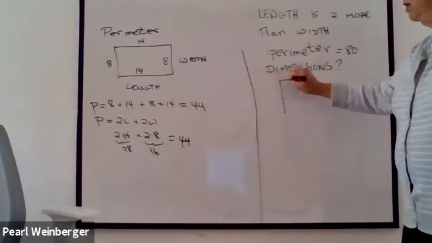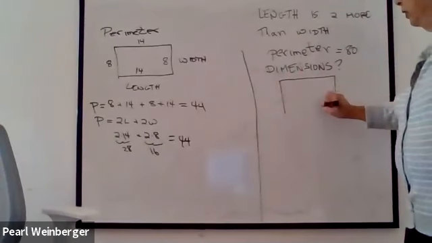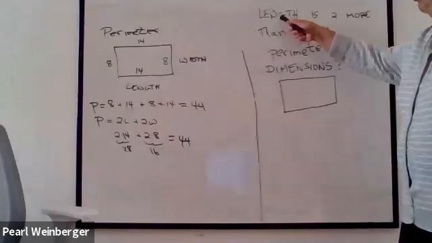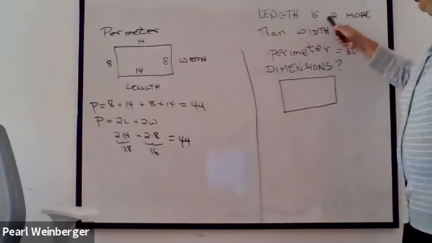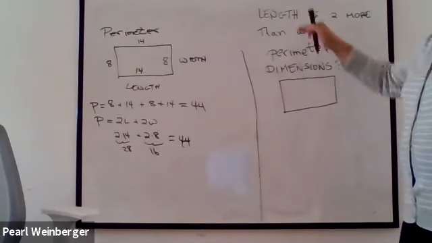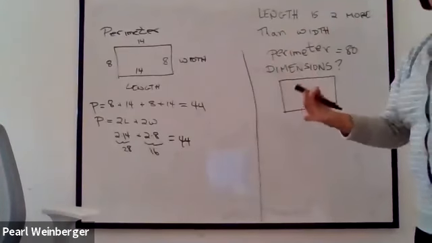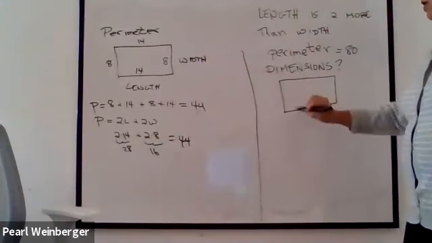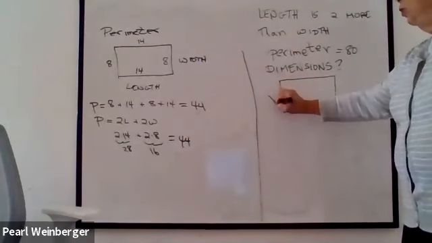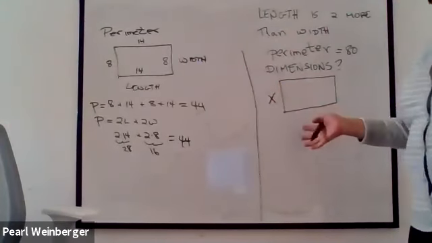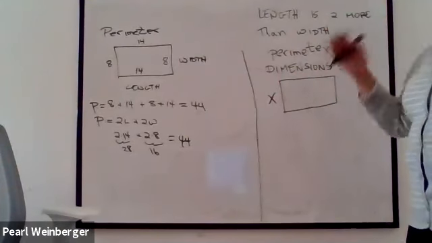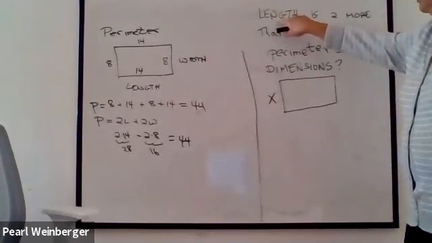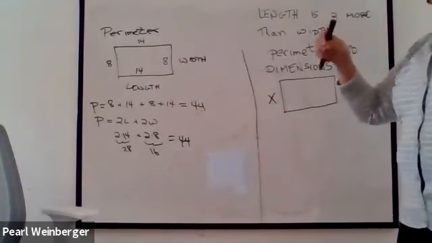Now, I'm going to draw a little picture of what's going on here. I'm told that the length is 2 more than the width. I'm being given a description of how long it is based on how wide it is. So let's call the width x. We don't know what its width is, so we're going to call it x. And then the length is 2 more.